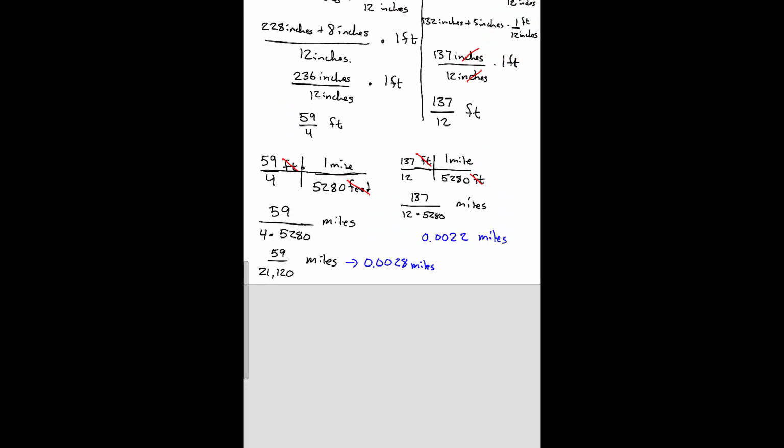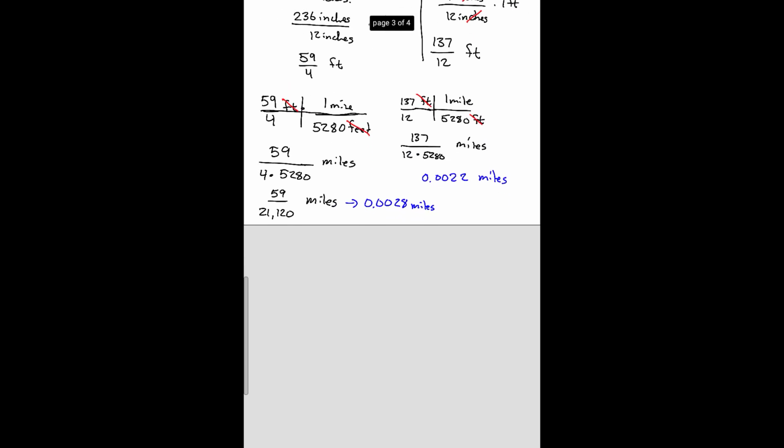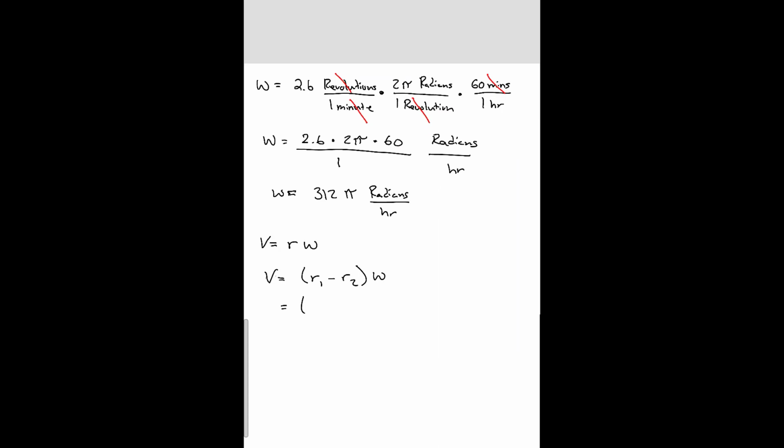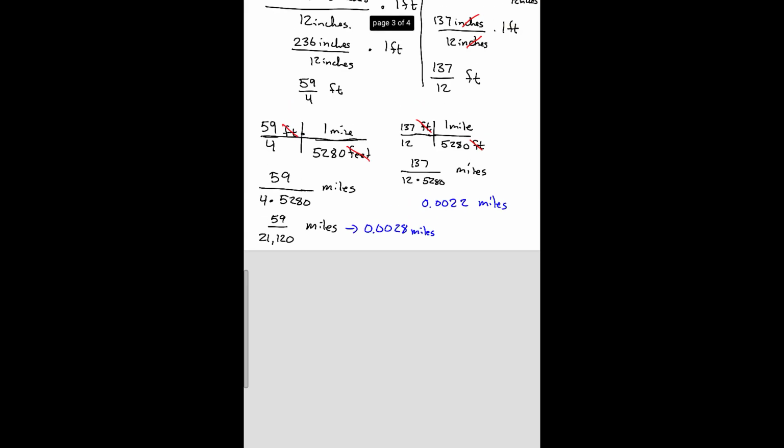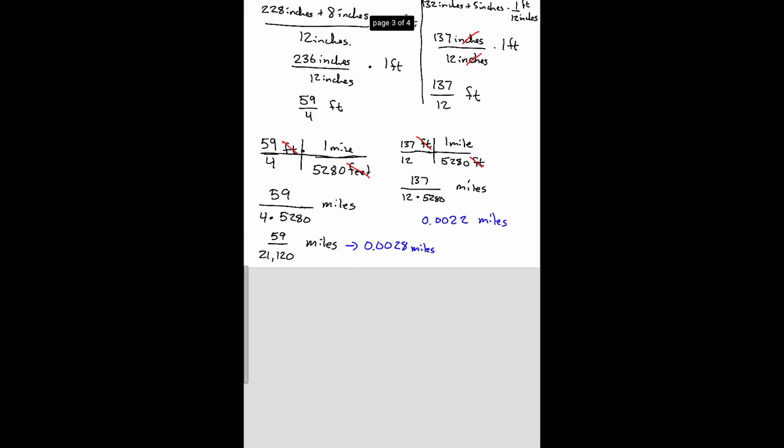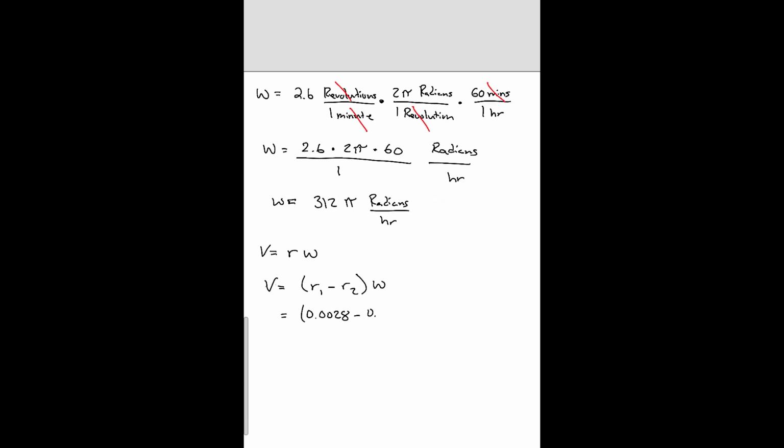The first radius that we had was 0.0028, okay, so the largest one, minus our second radius, which is 0.0022, times your angular speed, which is 312 pi radians per hour, or you can just say 312 pi per hour.